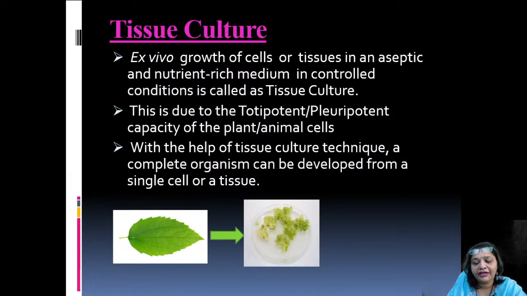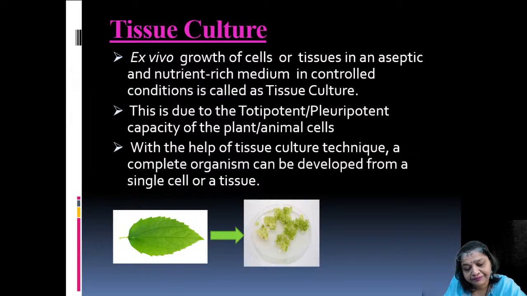Not only that, even in microbiological techniques, petri plates are used for the growth and culture of bacteria and fungi. Anyway, such petri plates are used to grow the callus when the explants are inoculated and grown in these petri dishes. You can see the group of cells.